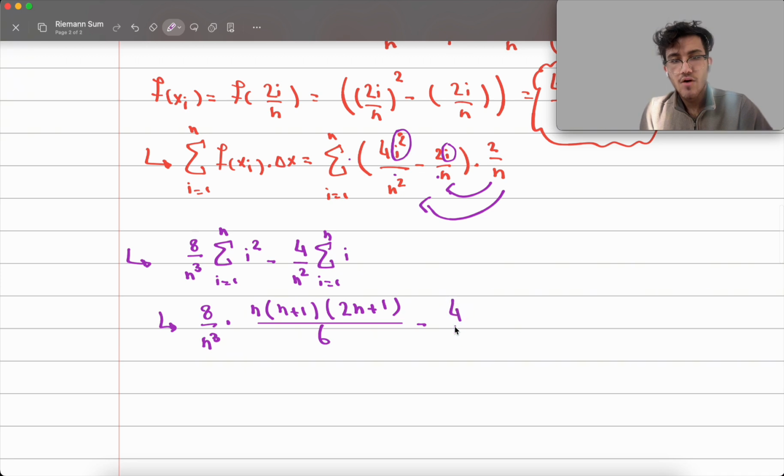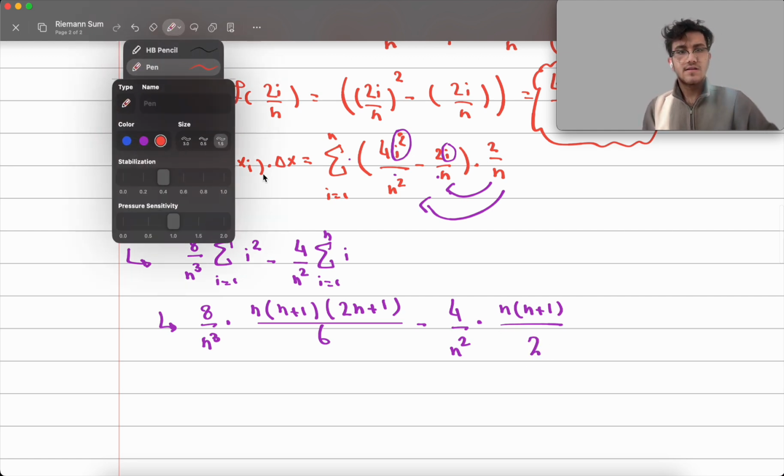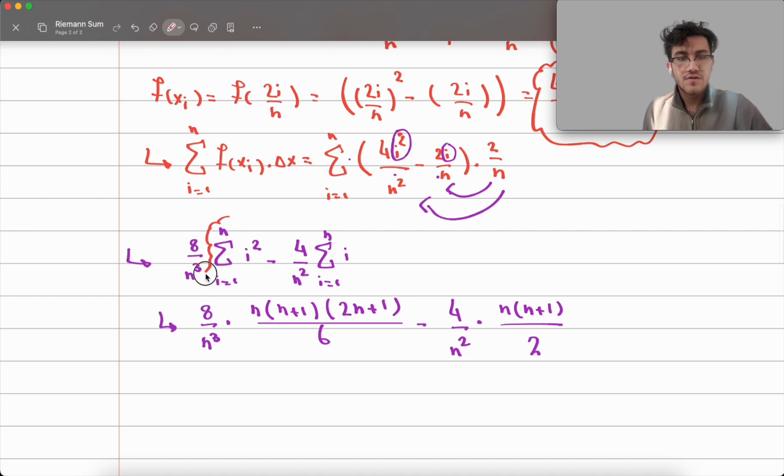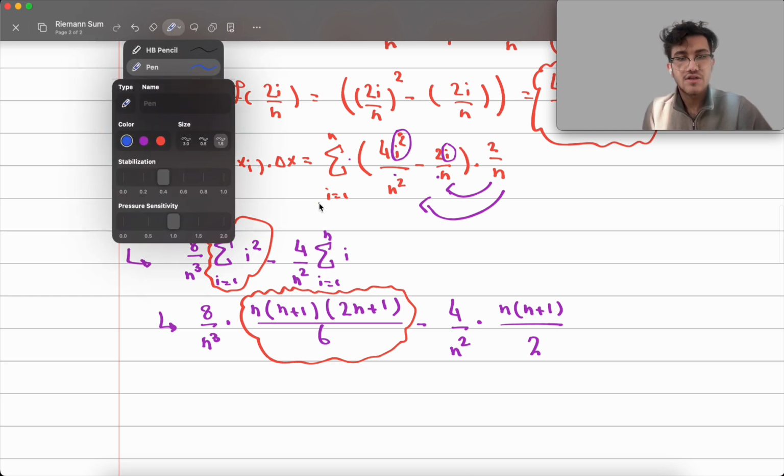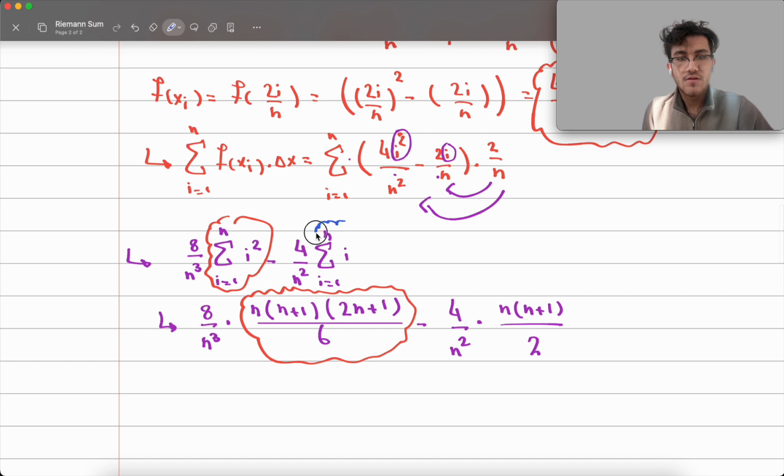Minus 4 over n squared times n plus 1 over 2. So I replaced the sigma notation of i squared with this one right here, as I explained in my previous video, and I have changed the sigma notation of i with this one.